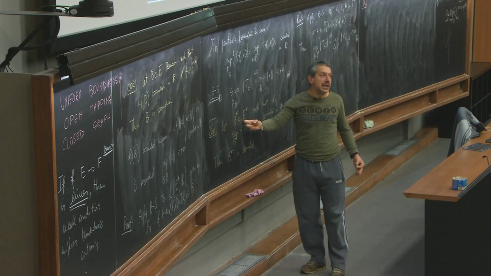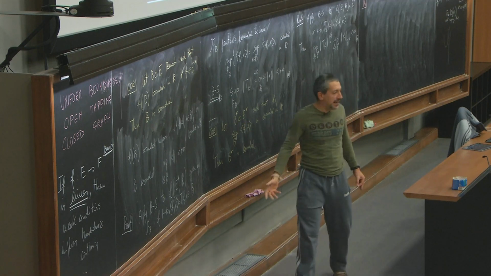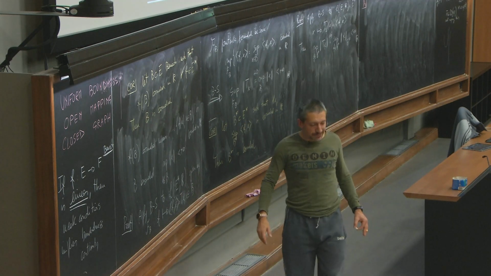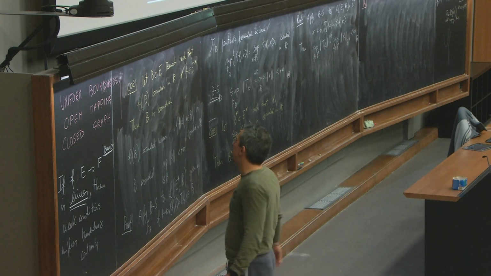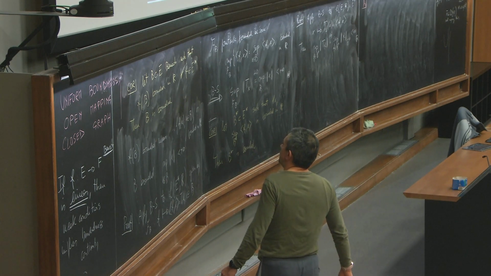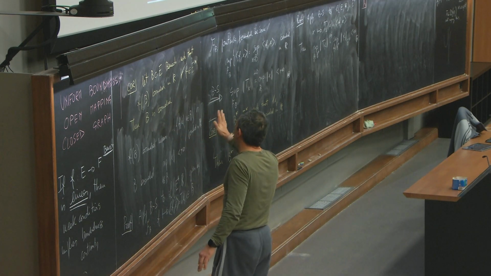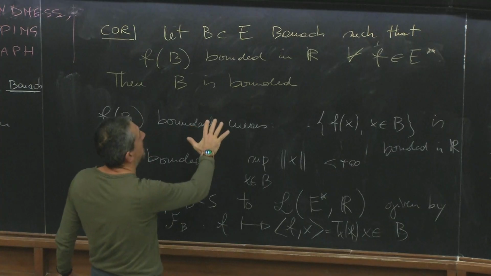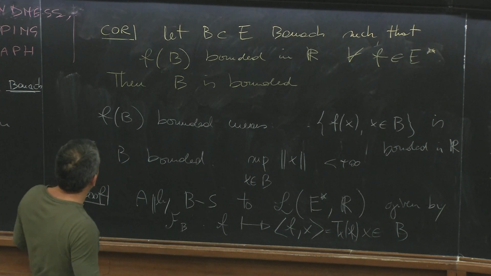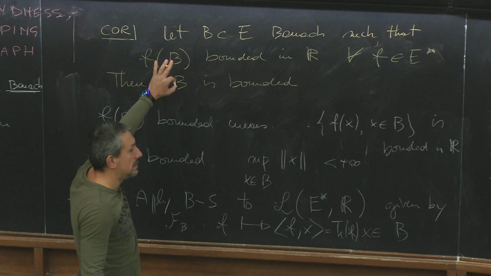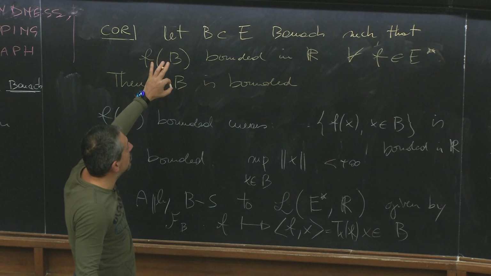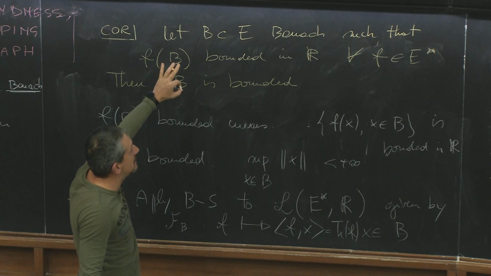So here we apply to E star, so you don't need that T is Banach. In this one, the linear operator should act on a Banach space.